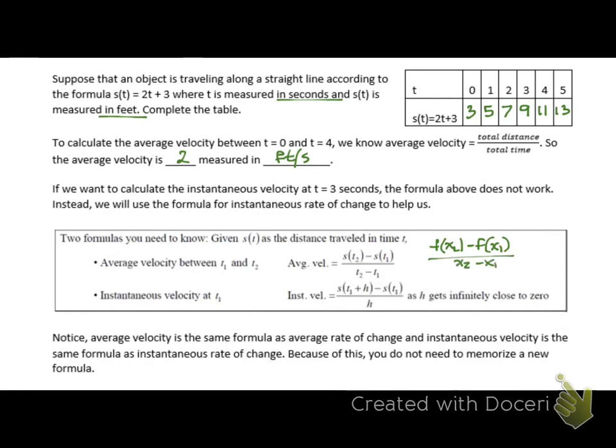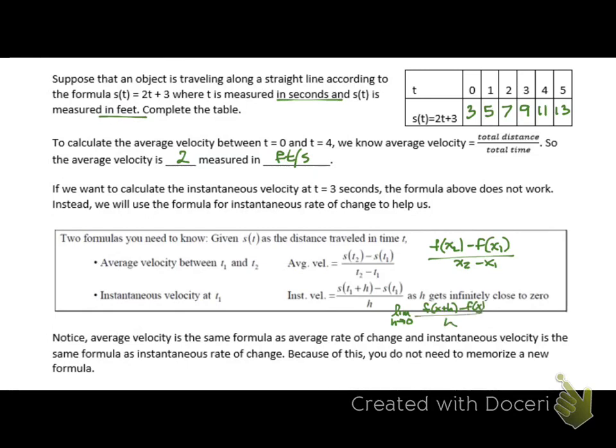the f and the s are interchanged, and the x and the t are interchanged. So don't get confused by different letters. The formula hasn't changed. It's exactly the same. The same goes for the instantaneous velocity. We're trying to find the limit as h approaches 0 of f of x plus h minus f of x all over h.